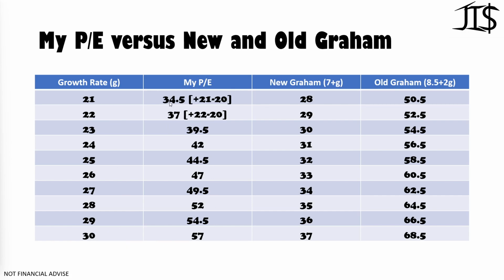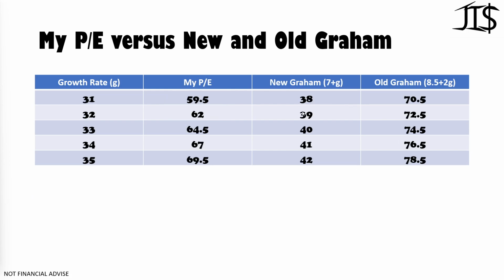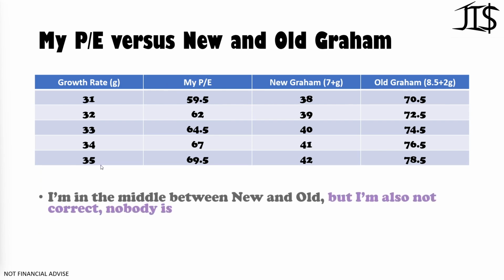So then it goes from 34.5 till 57. So much higher than the new formula from Graham, but still lower than the formula of the old Graham. And I just continue it until a growth rate of 35%.